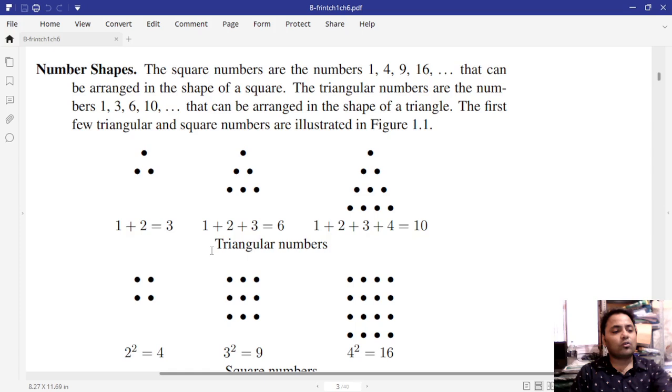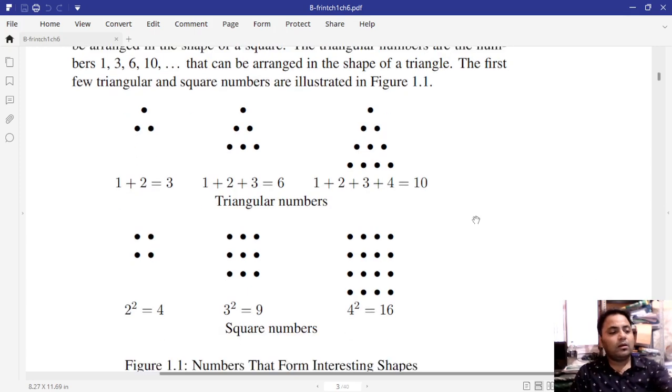These numbers are called the triangular numbers, like 3, 6, 10, etc. Same here, the square of 2 is 4, the square of 3 is 9, the square of 4 is 16. These are called the square numbers.